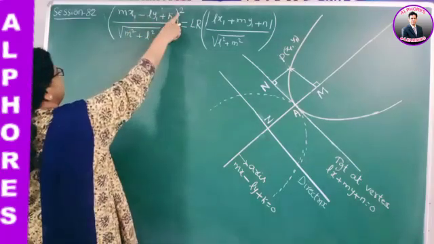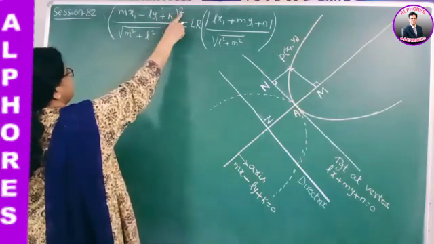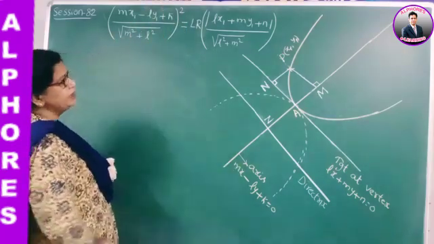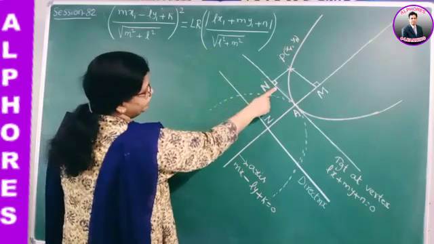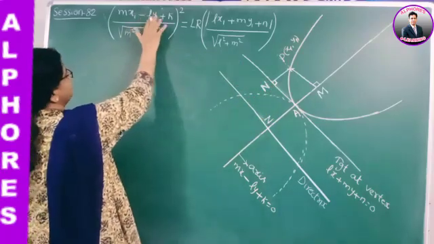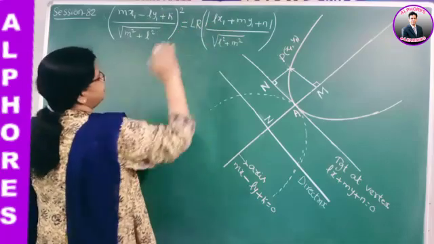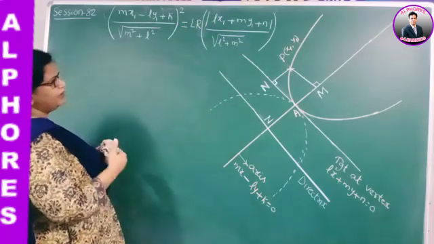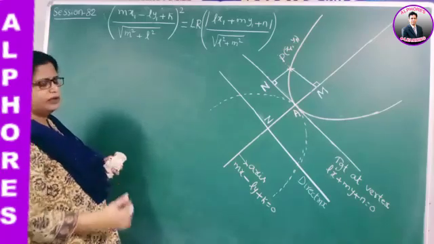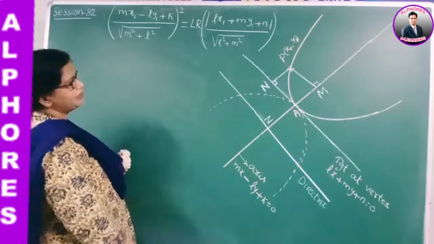Now on this side, the second degree always represents the axis, and the first degree represents the tangent at vertex. So you can remember: axis square equals latus rectum into tangent at vertex. Now based on this, they ask different kinds of questions. What kind of questions may they ask?